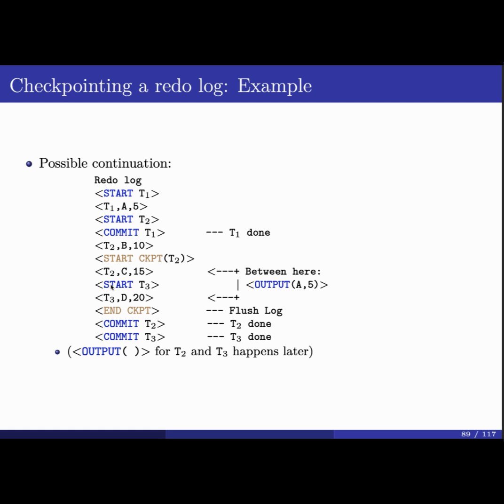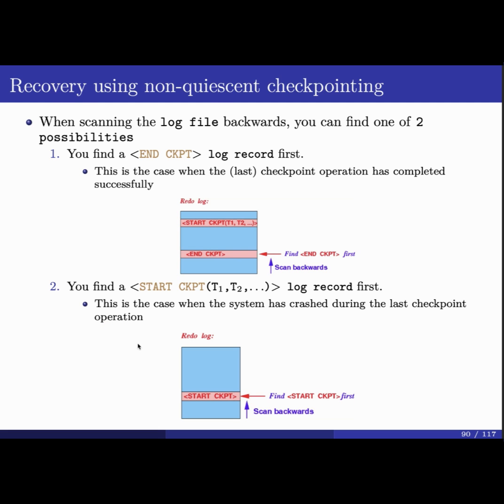Assume some transactions start after the start checkpoint, which is okay, because remember, in non-quiescent checkpointing the database management system allows new transactions to start. And for the commits of T2 and T3, the output operation may happen later.